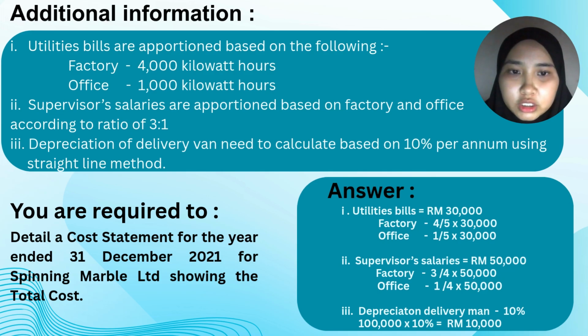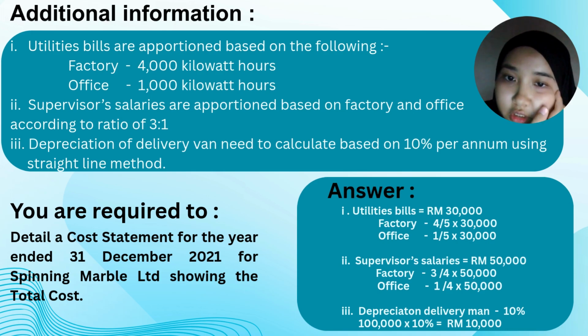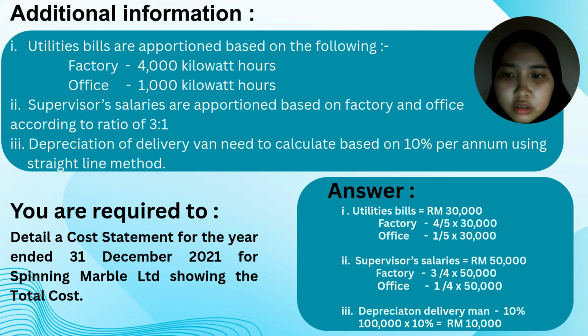And the last one is depreciation of delivery van at 10%. The amount of the delivery van is 100,000, so 100,000 times 10%, and we get 10,000 ringgit.